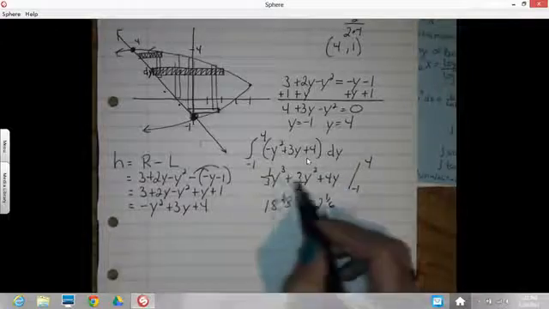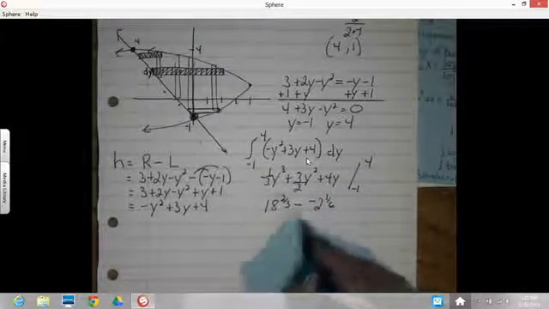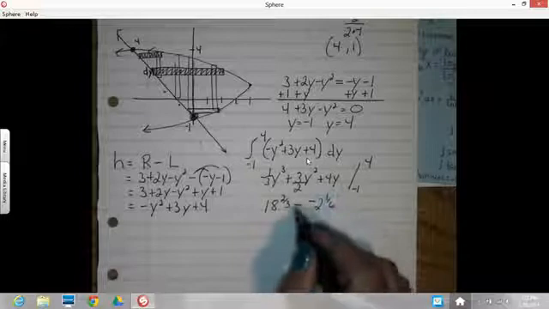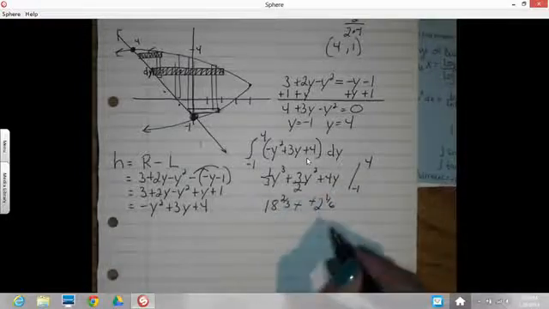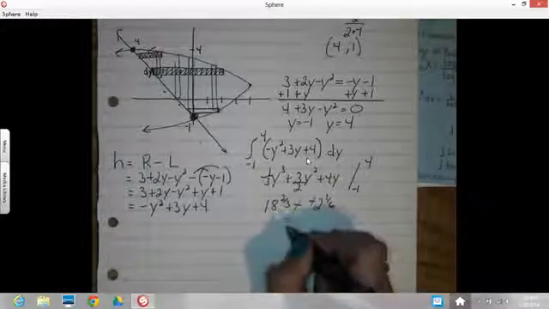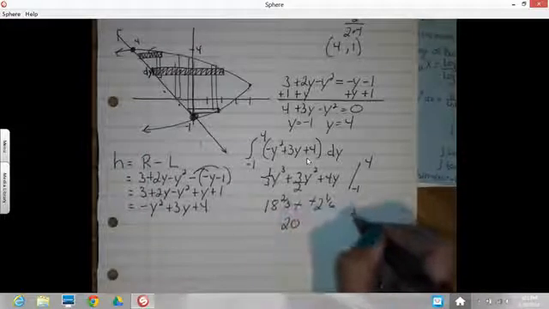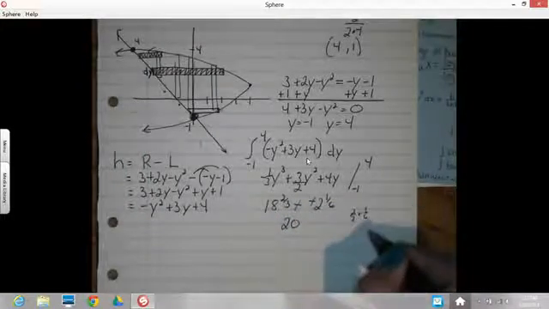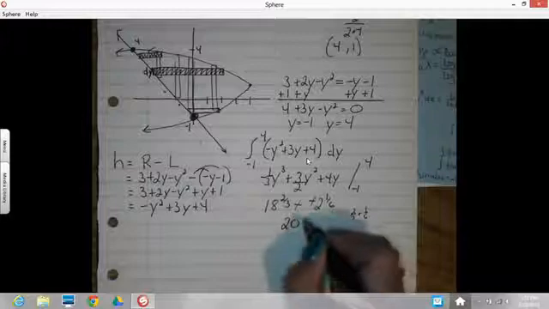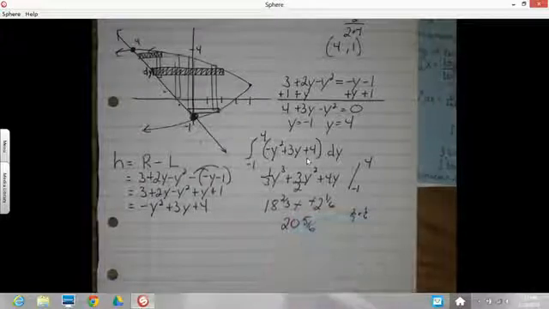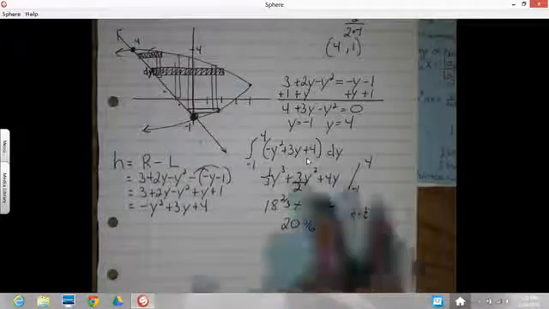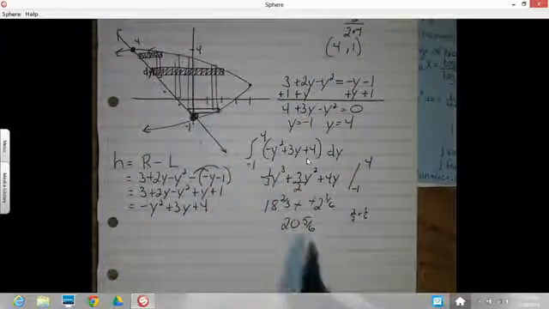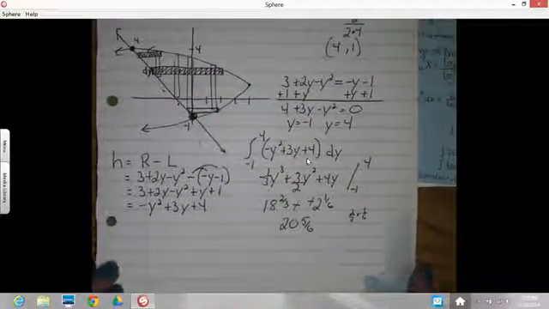And then when I end up adding here, I'm going to get 20, and then 2/3 plus 1/6. That's going to be 5/6. You can do decimals. I don't care. I'm more concerned about all this other process, not so much the exact answer. Okay, so sideways parabola. Try one more of those.